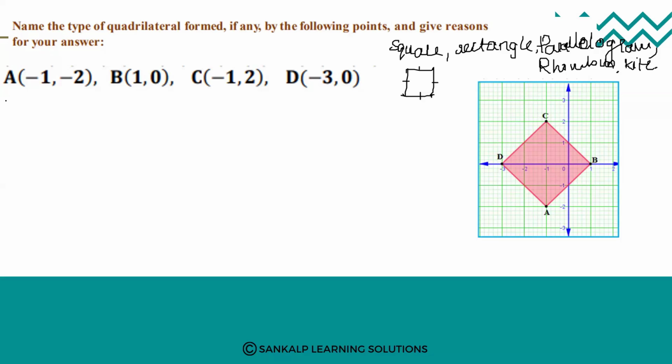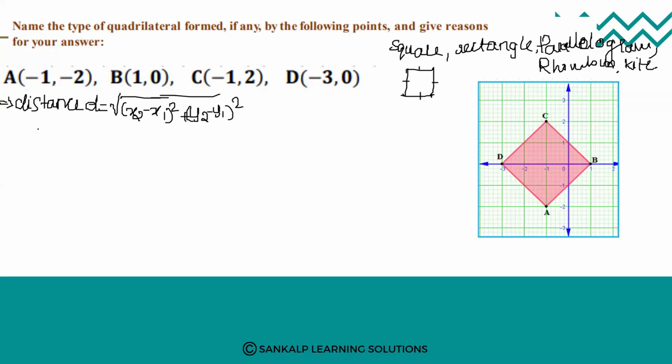For that we need to check the distance between AB and BC, CD and DA, right? So distance formula is distance D is equal to square root of x2 minus x1 whole square plus y2 minus y1 whole square, right?